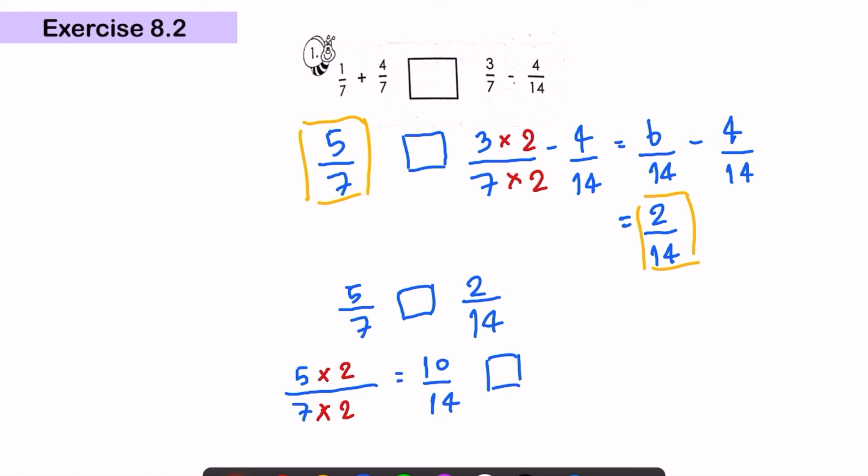Compare with 2 over 14. So now we have the same denominator. Can you tell me, can we compare fractions? Yes, we can because we have the same denominator. You just compare the numerator and that's it. 10 is greater than 2.